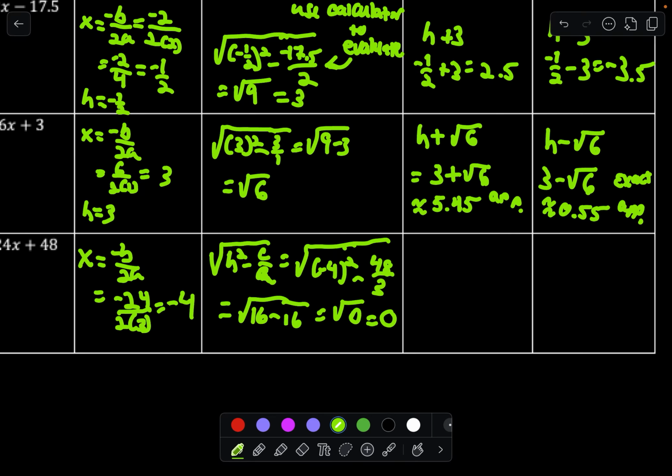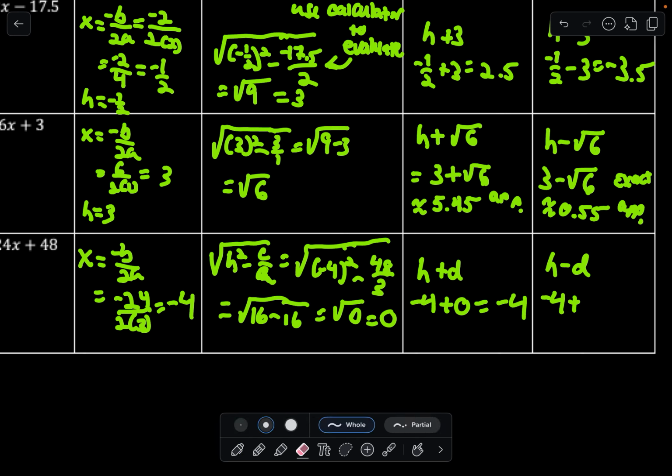Because remember, it's going to be H plus D and then H minus D. But H is negative 4 and D is 0. So you get one solution. Doesn't matter if it's plus or minus. Negative 4 plus 0 is negative 4, and negative 4 minus 0 is negative 4. You get only one intercept.